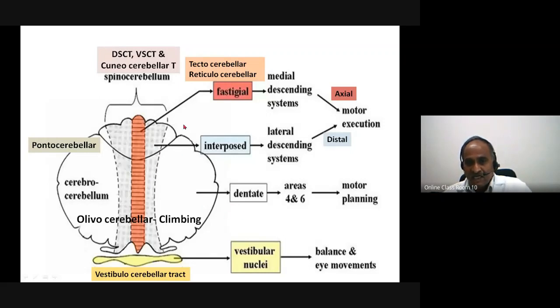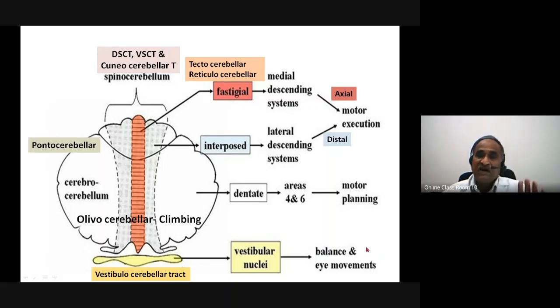Now the dentate nucleus is connected to the cerebral cortex, the motor cortex areas 4 and 6. This is for motor planning and motor sequencing, all the cognitive components of the cerebellar motor functions. Then the vestibular cerebellum, or the flocculonodular lobe, is connected with the vestibular nuclei, and also with the collicular nuclei or tectal nuclei for balance and eye movements.